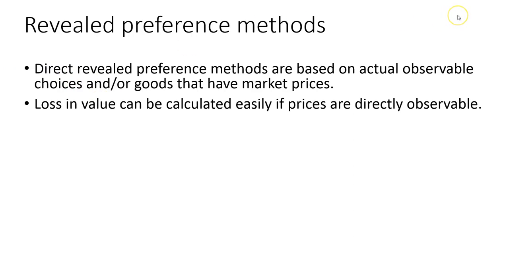Okay, so the idea here is that a loss in value as a result of some sort of change in the environment can be pretty easily calculated if there are market prices that we can observe.